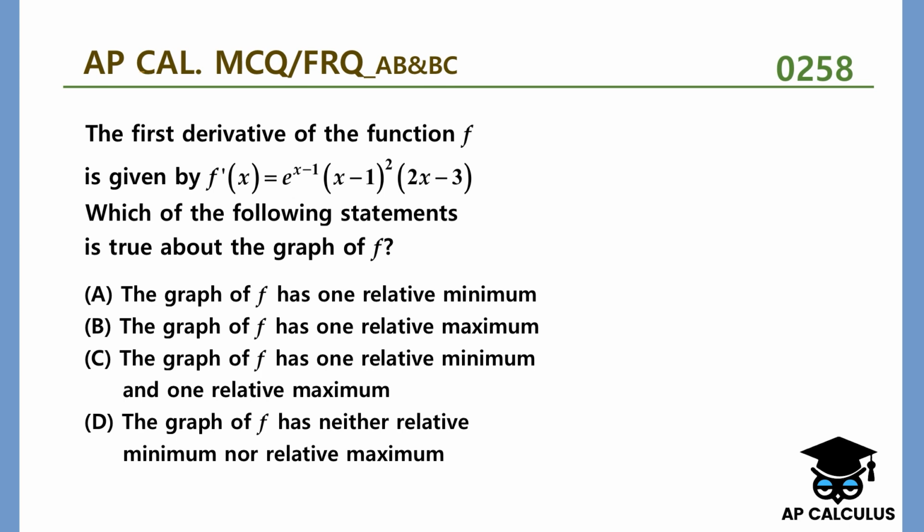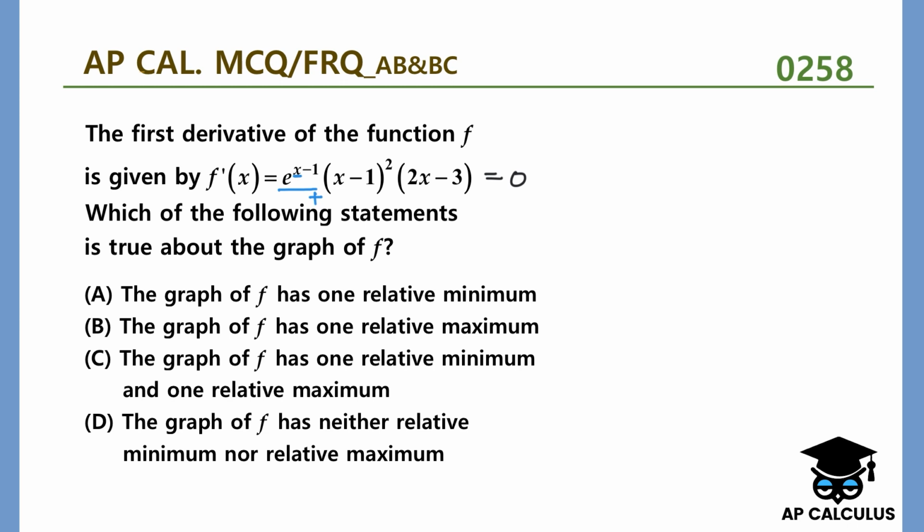So far so good. Here, f prime is given, so we're going to find the critical points first. Set that equal to 0, right? Here, this is exponential, and an exponential is always positive for all values of x. So there's no critical point from this expression right here.